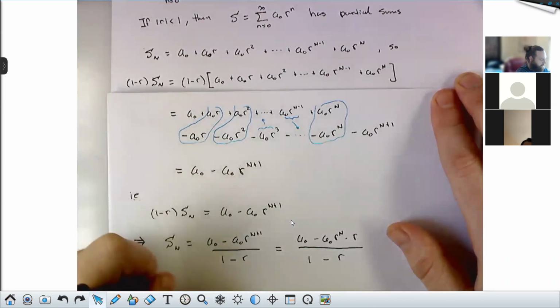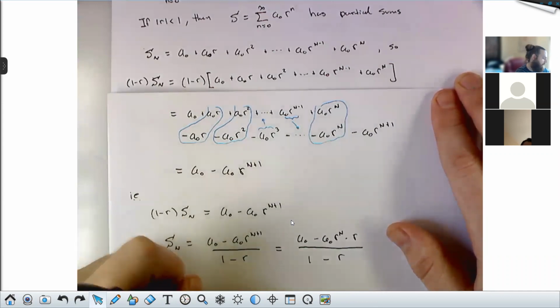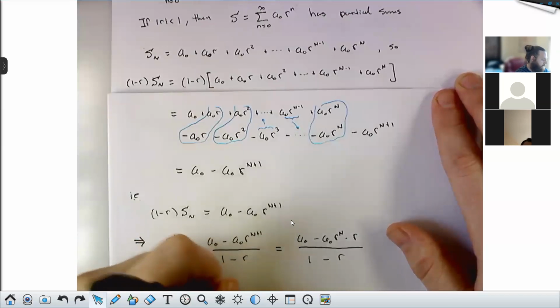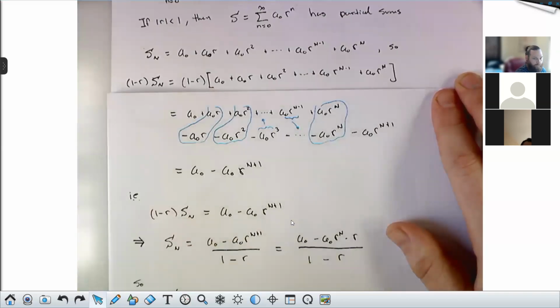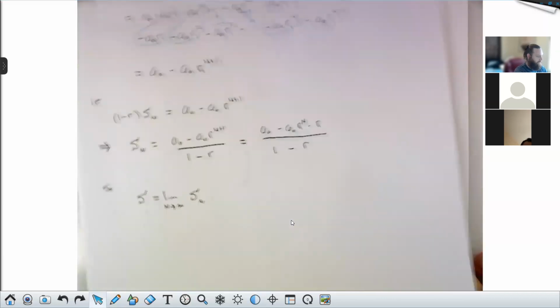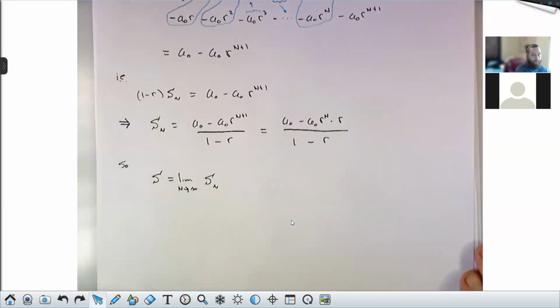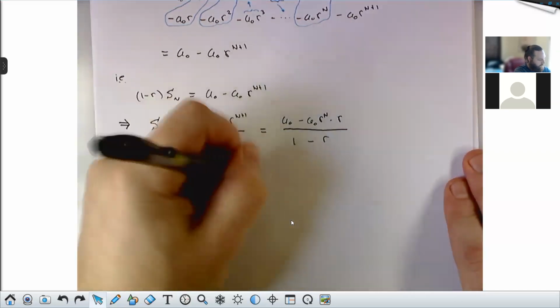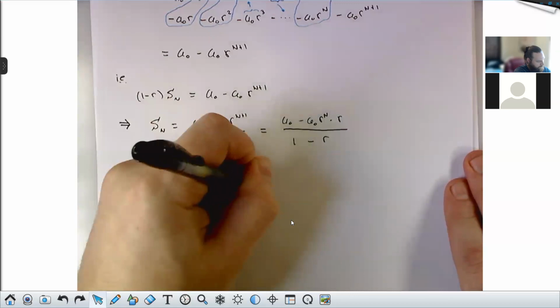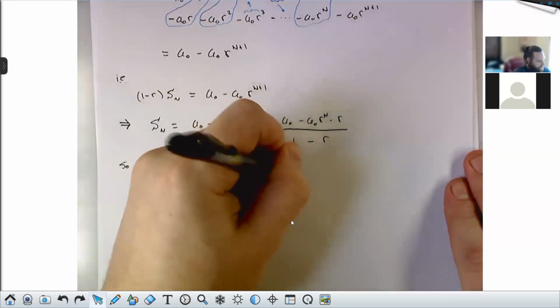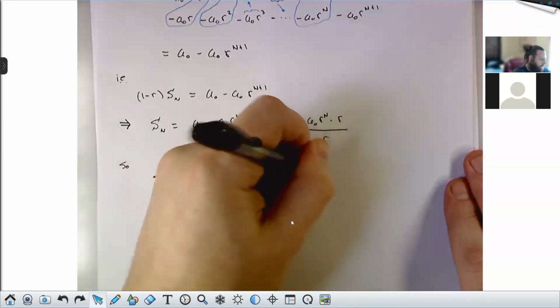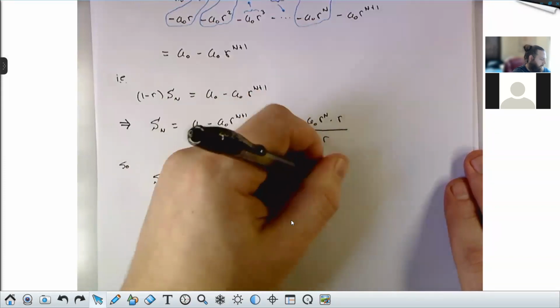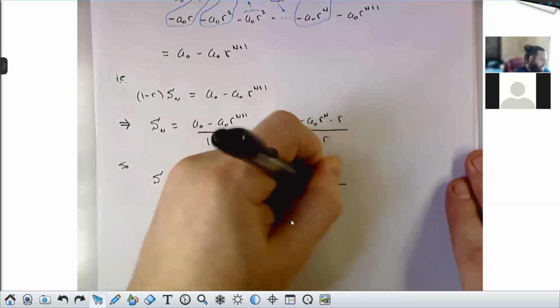So the full infinite series S is by definition the limit as capital N goes to infinity of Sn, and Sn we just found is this expression above, a0 minus a0 r to the N times r divided by 1 minus r.